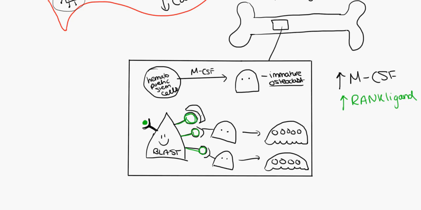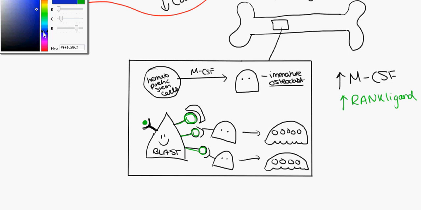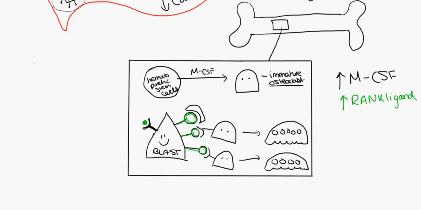And so what happens with this rank L is that it's going to bind the rank receptor on these immature osteoclasts. Immature osteoclasts have rank.